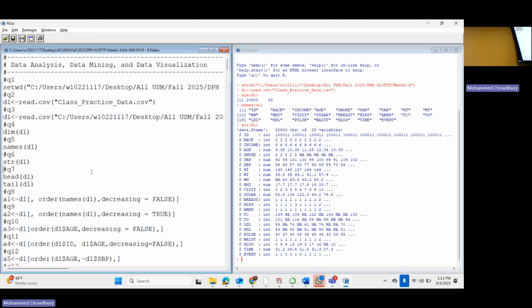Can I take a look at your folder? This is the download folder. And then this is your CSV data, right?